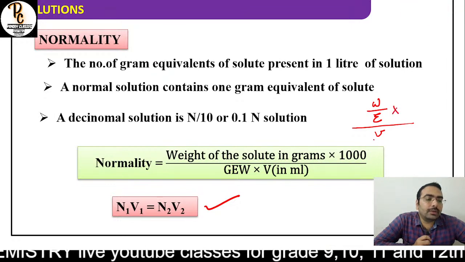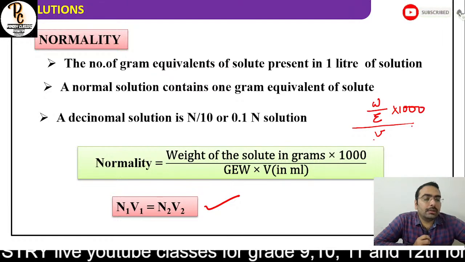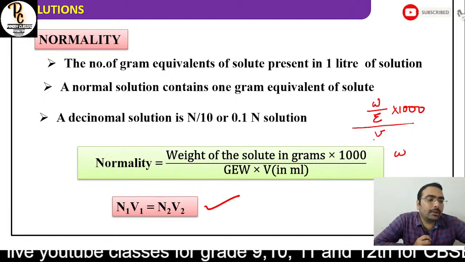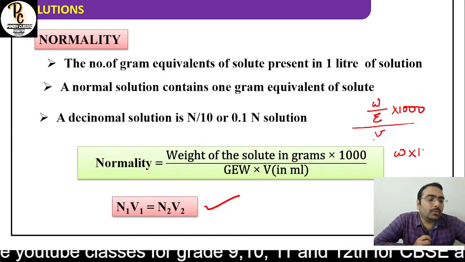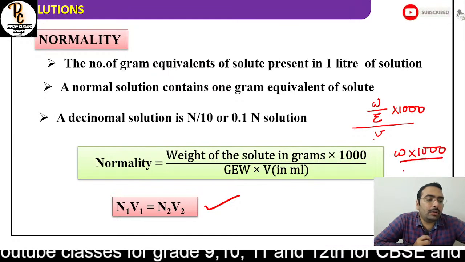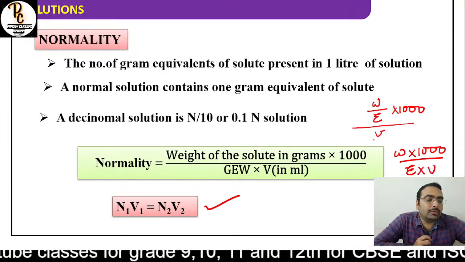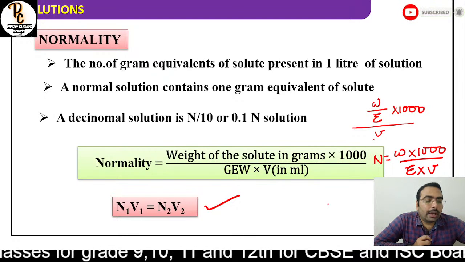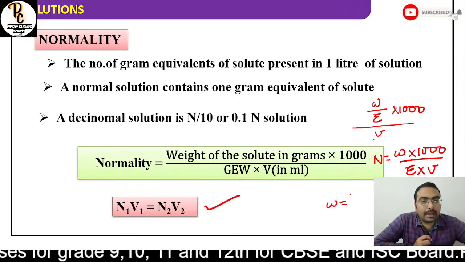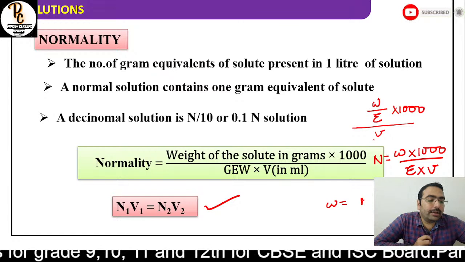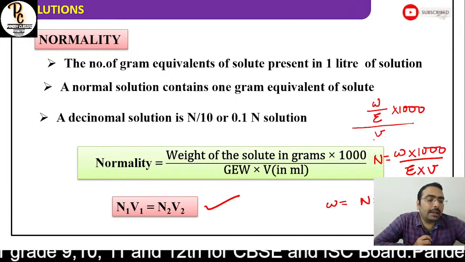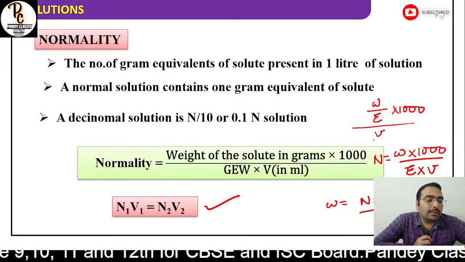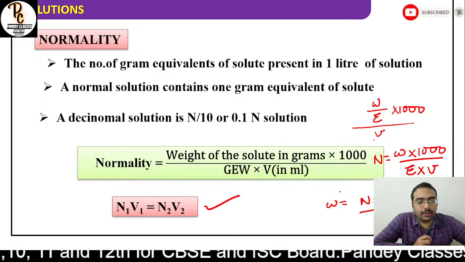So this 1000 will come here. The above formula can be written as W into 1000 upon equivalent mass into V in ml, and this is for normality. When we have to prepare any solution, the same formula becomes N E V upon 1000.